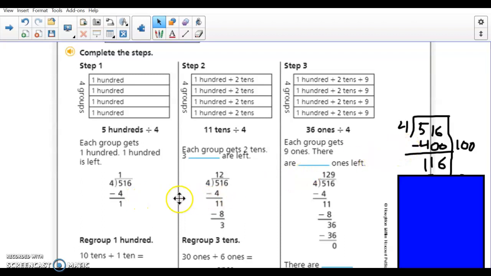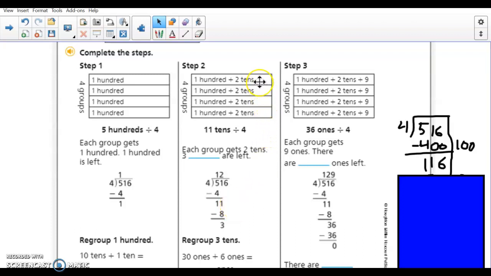They subtracted 400, really, or 4 groups of 100, and now they have 100 left over here. Well, they still have the 16, right? So what they did was they said, all right, let's bring down the 1 because we have 110. Now I need to figure out how many 10s I can pull out.